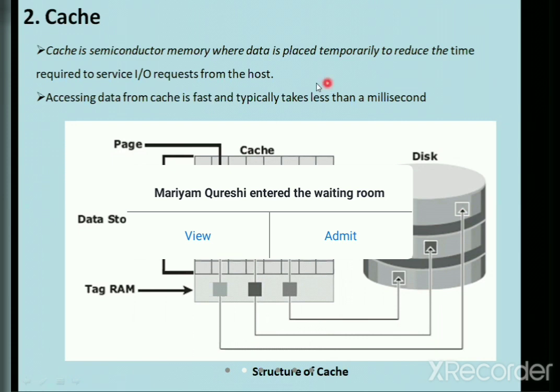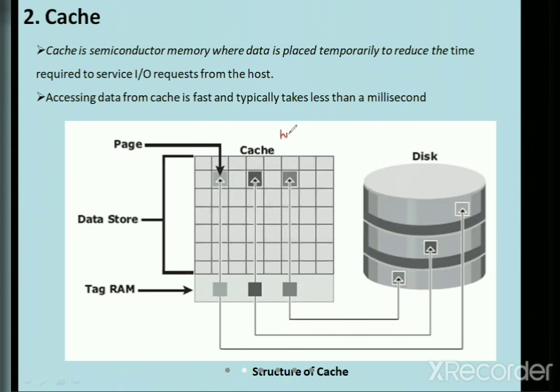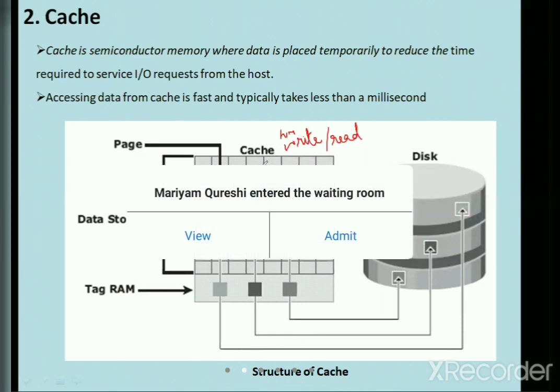Whenever this happens, remember that read and write operations take place here. As we have always said, there is a read and a write, and the write operation takes more time compared to the read operation. Write means that every time the data has to be copied from the cache and later written to the disk.